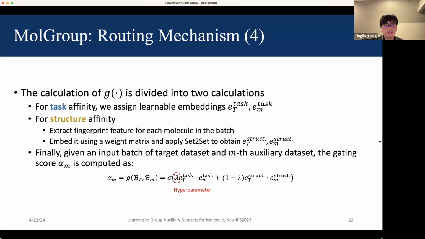It is case by case: given different target data sets, the target data set may require similar or dissimilar structure, but it is case by case. Yeah, cool. Completely makes sense. Thank you.